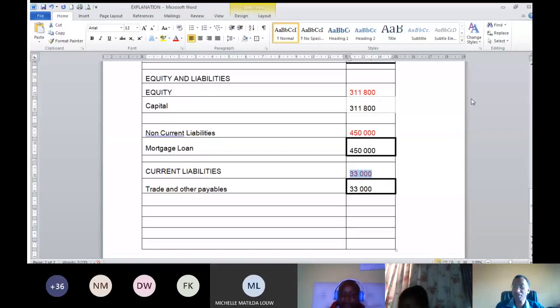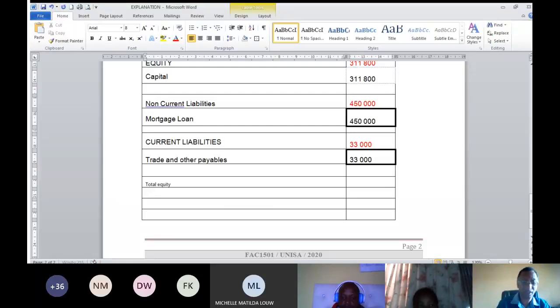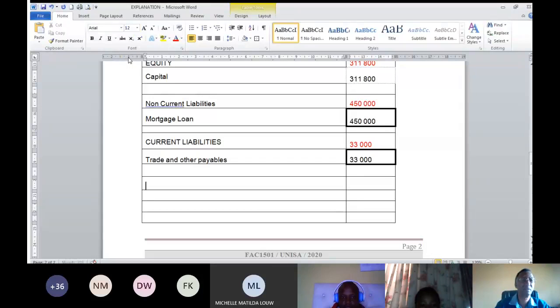So I've got my three answers now, guys, at the bottom. The bottom section is then called total equity and liabilities.